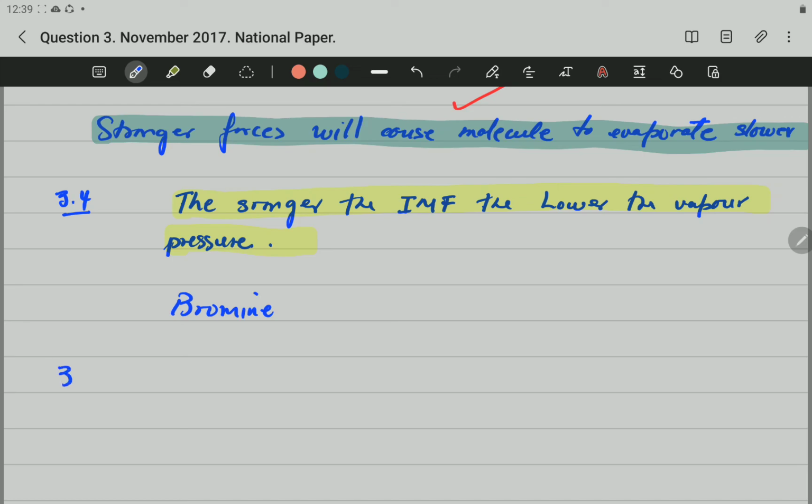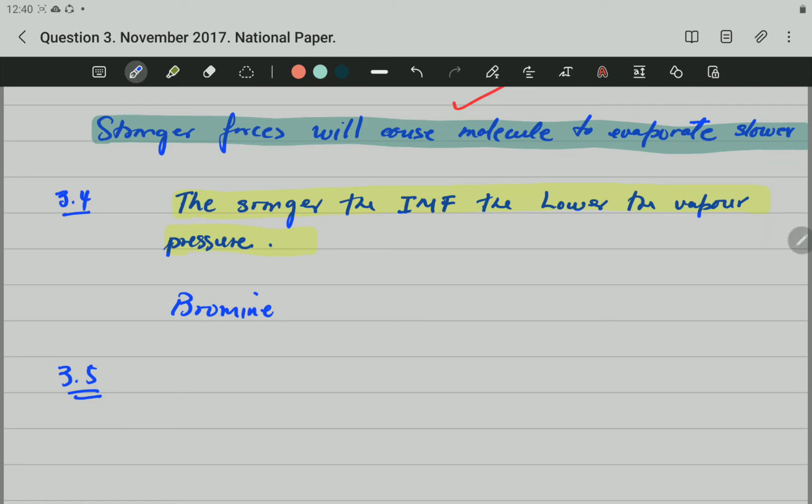And for 3.5, you just have to explain why bromine was selected. You have to say that the boiling point of bromine is lower than the other two liquids, therefore it has the weakest intermolecular forces. If the intermolecular forces are weak, the vapor pressure will be high, which is the first note there. So I'm going to write the note quickly.